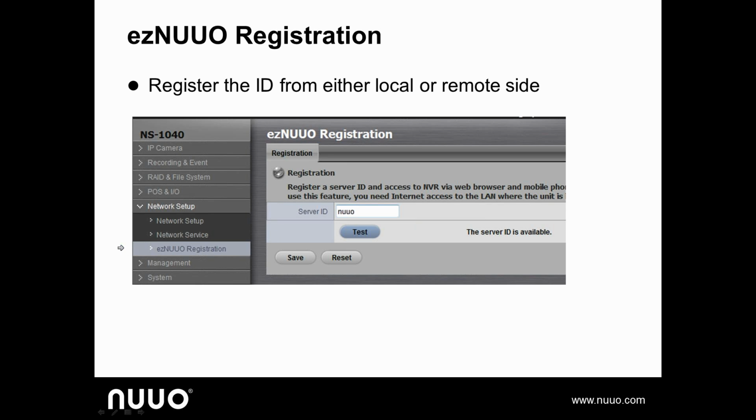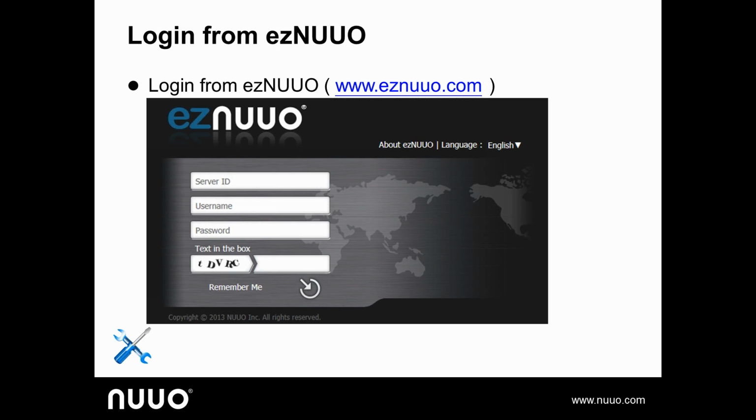Once you have done that, you just have to go to easynuo.com and put your server ID, username, and password, and of course enter the text in the box, and then you can access your NVRsolo from anywhere in the world.